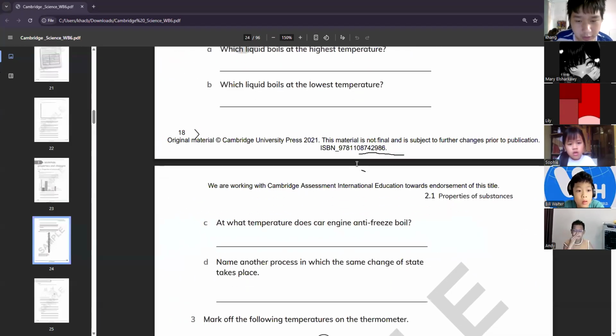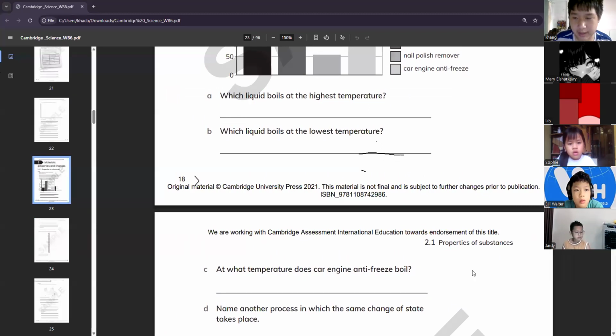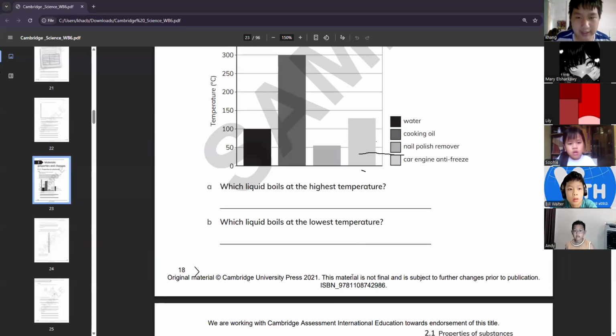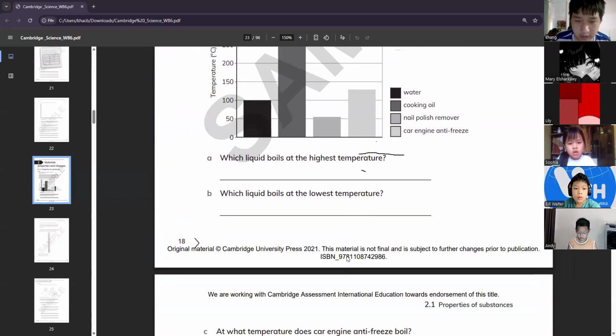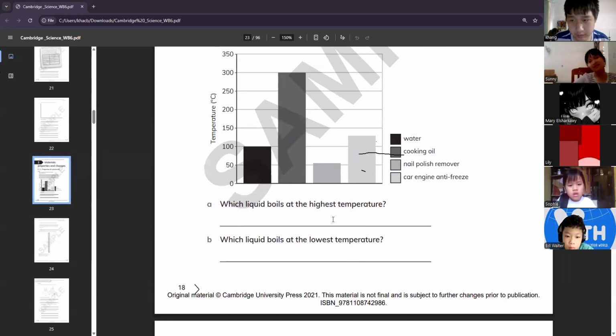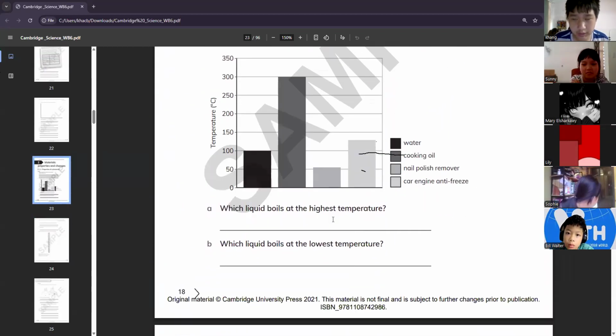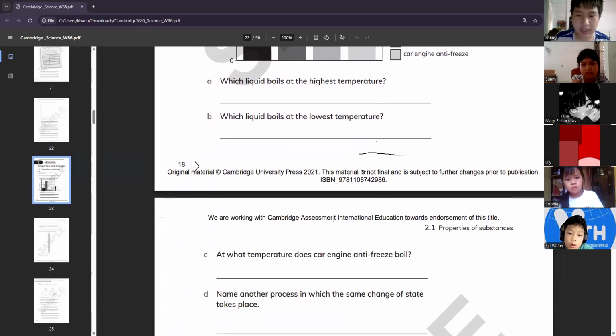All right. So, name another process in which the same change of state takes place. All right. So, can anybody tell me another word for boiling? A different word for boiling, basically.